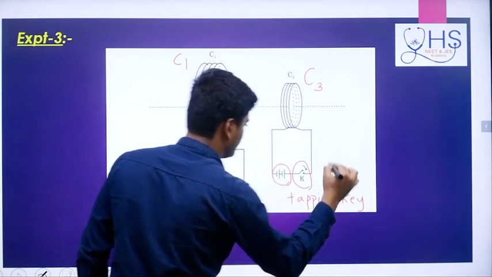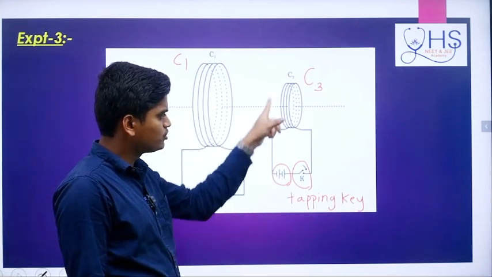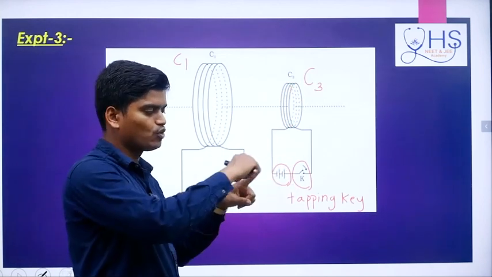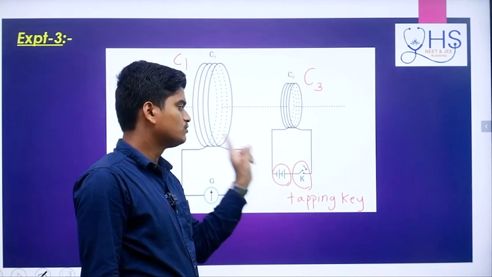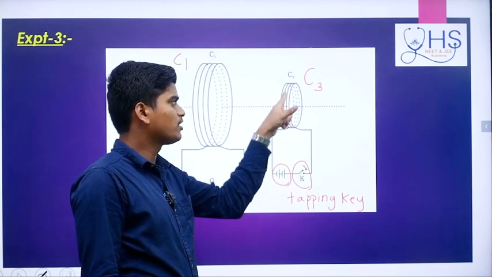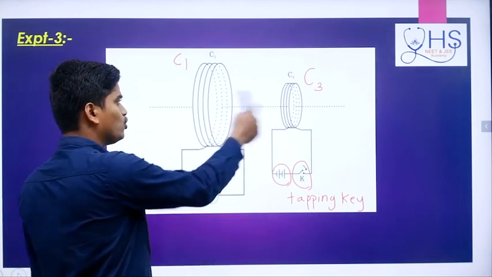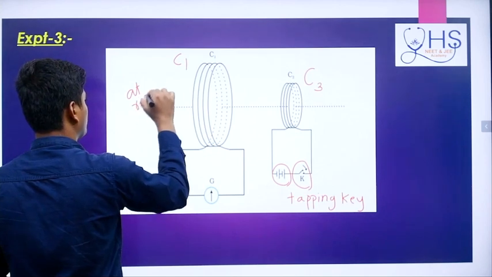So what does this tapping key mean? If you want to close the circuit and want current in coil C3, then you just close that key, switch it on. And when you remove that connection, the current will not be there. And both are stationary, at rest, not moving.